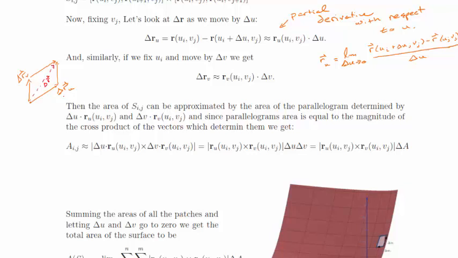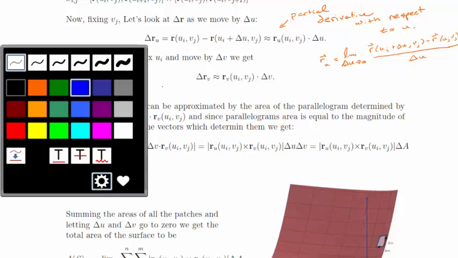So what we'll do is let the limit as delta u and delta v go to 0 to get instantaneous surface areas and then add all of those up, which is going to take an integral, right? So we just showed that delta r sub u is approximately r sub u times delta u, and that delta r sub v is approximately r sub v times delta v. So let's add those to this picture here.